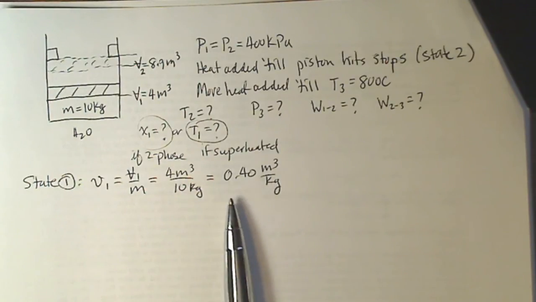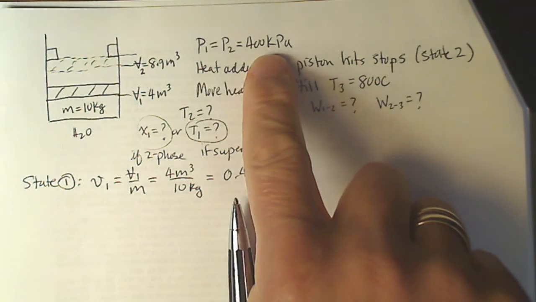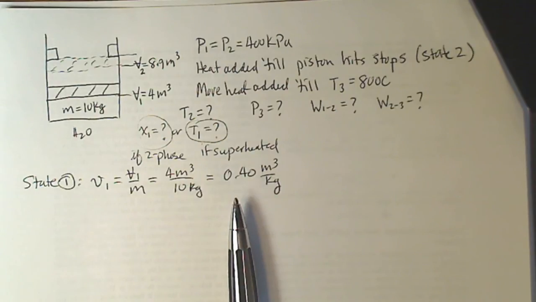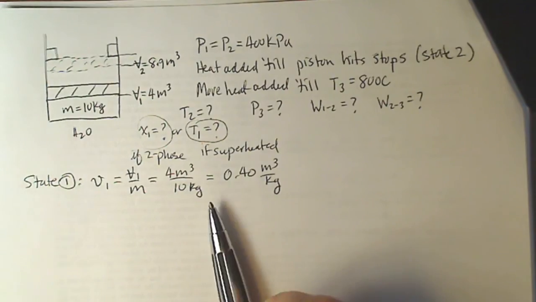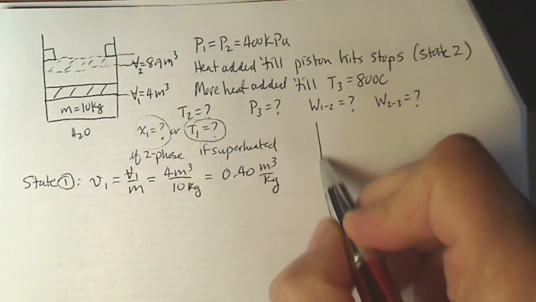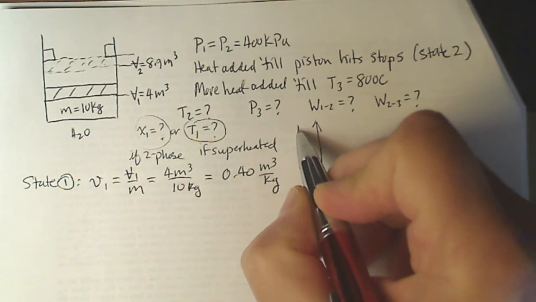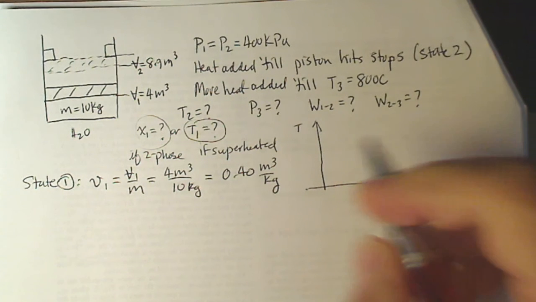My advice always, when we know either P or T and one of the intensive properties, is to go first to the saturated water tables and determine if the value of specific volume falls within the range of that for the two-phase mixture. I'm going to go ahead and start a schematic over here that I hope will help us understand what's going on here.